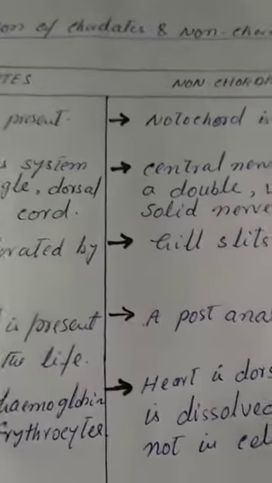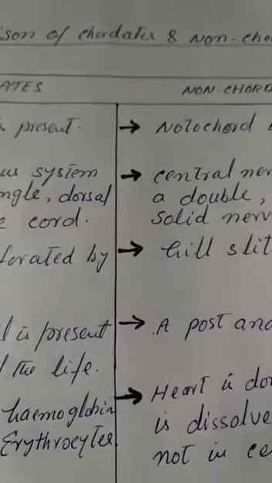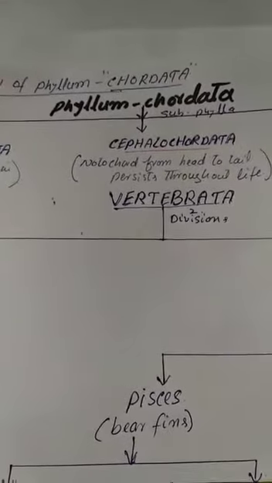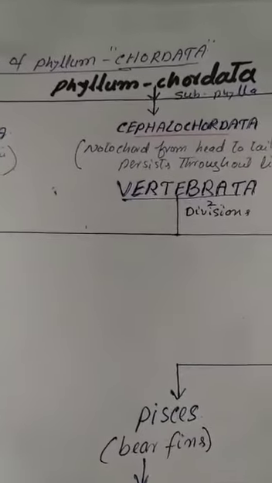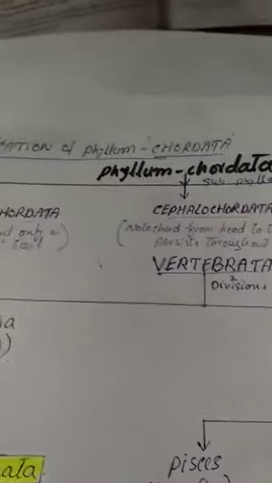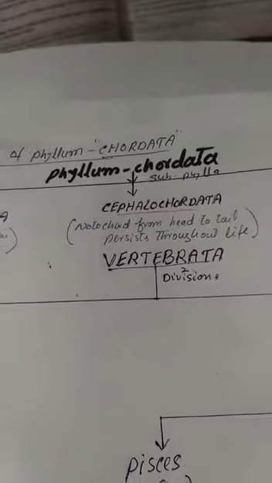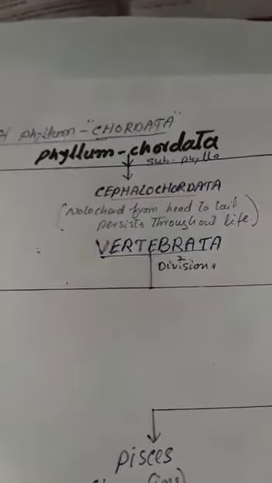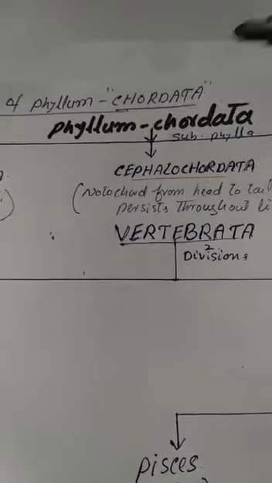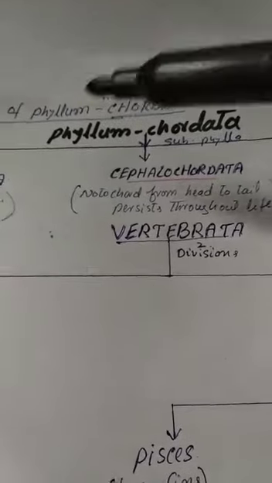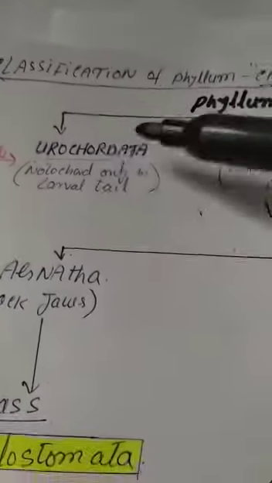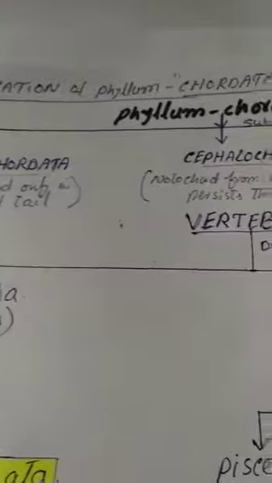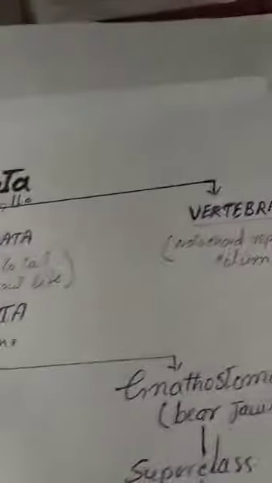Okay, now since this phylum Chordata is a very large phylum containing more than 48,000 species, it is classified into different subphyla. You can see this phylum Chordata is divided into three subphyla. Number one is Urochordata, Cephalochordata, and Vertebrata.